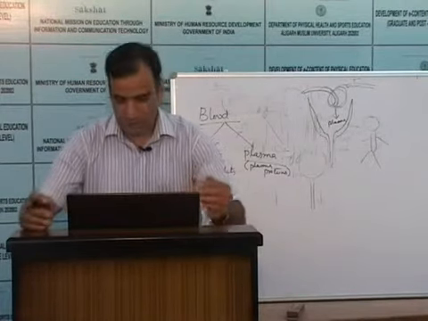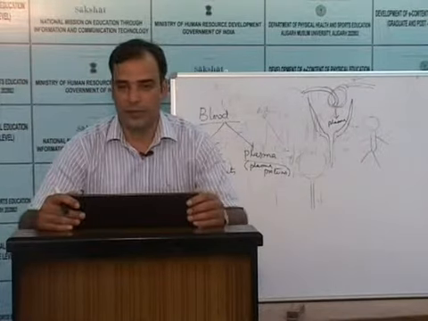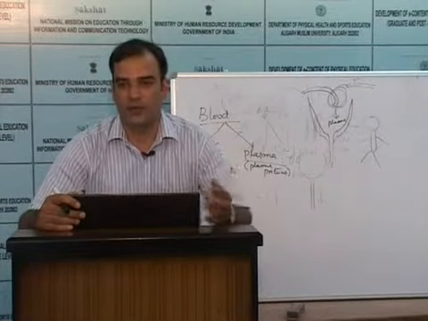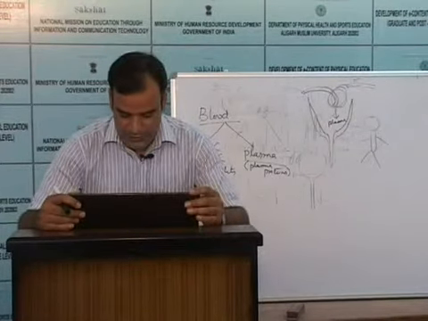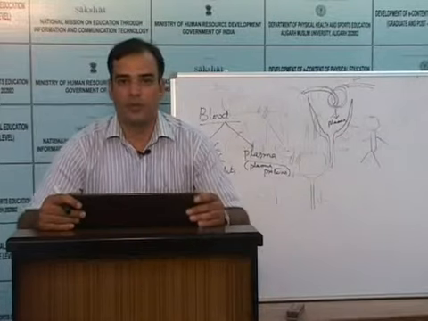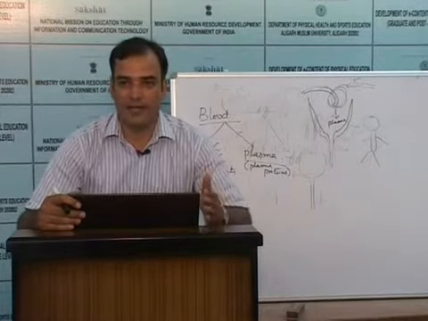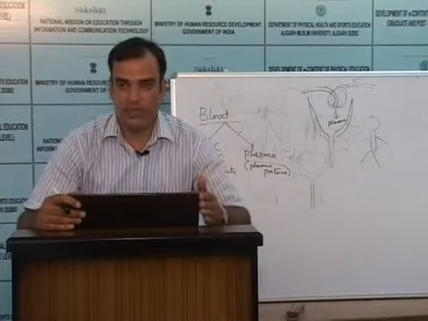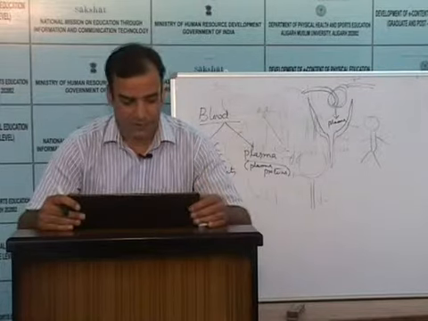Now our kidneys, which filter this blood and form this filtrate, do so at a particular rate, and this rate is called glomerular filtration rate, or we can say the rate at which the filtrate in both the kidneys is formed is called glomerular filtration rate.